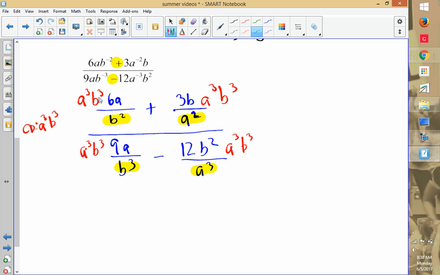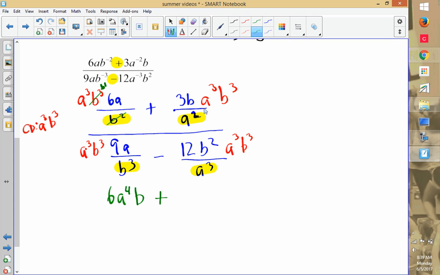So if I look at this first part, I have b to the third over b squared. So the b's will cross off, leaving just one b left over. When that happens, I'm going to now have 6a times b times a to the third. So it ends up being 6a to the fourth b. And we're going to do that with every single term. So we're going to move over here to the other term in the numerator.